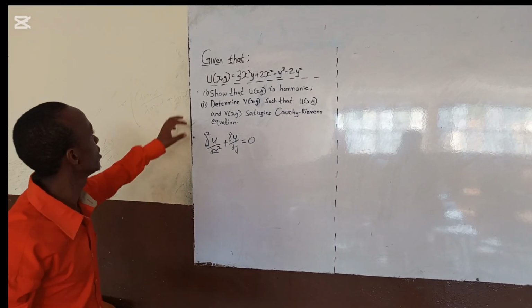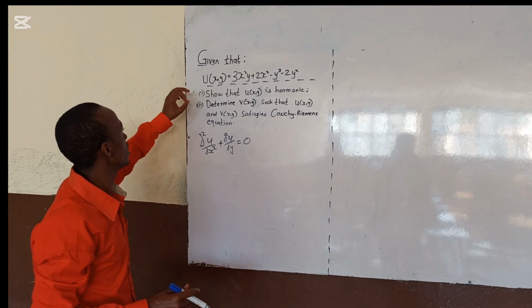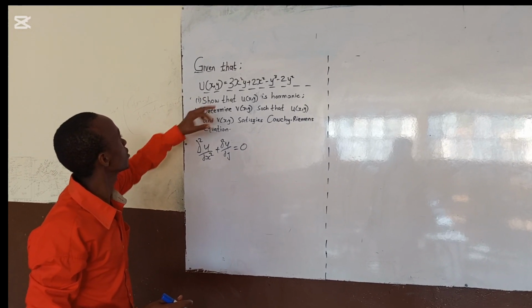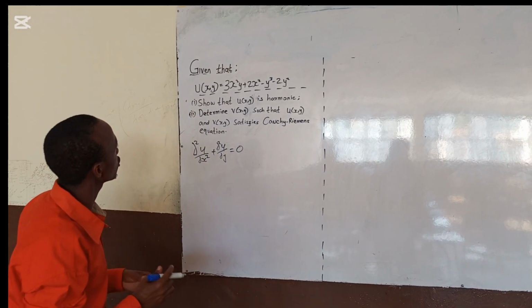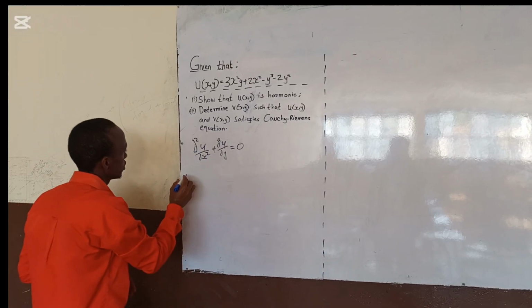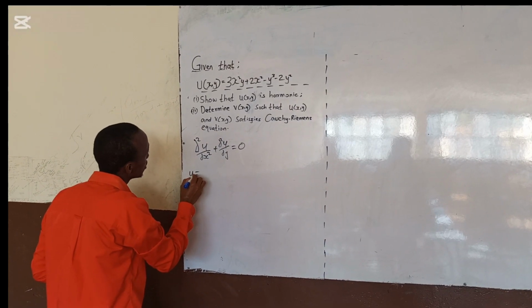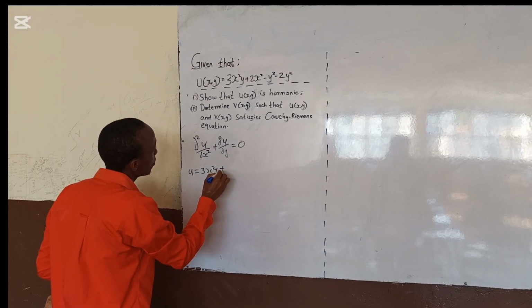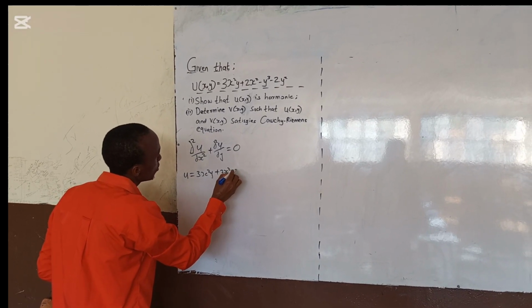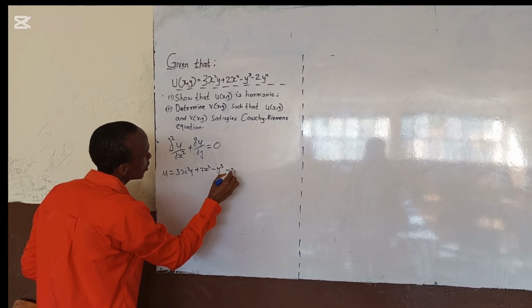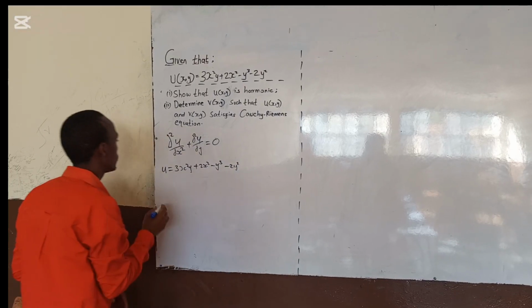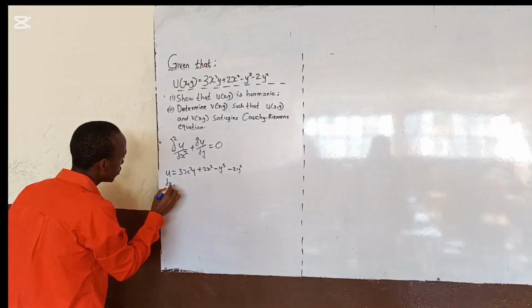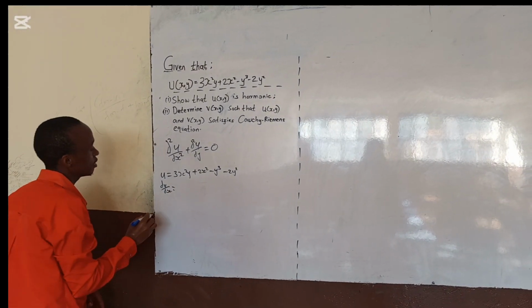Now, let us differentiate u twice with respect to x and twice with respect to y. So, our u is equal to 3x squared y plus 2x squared minus y cubed minus 2y squared.